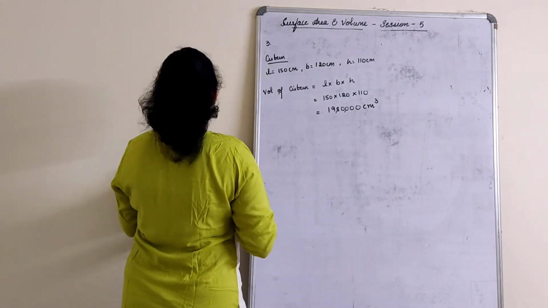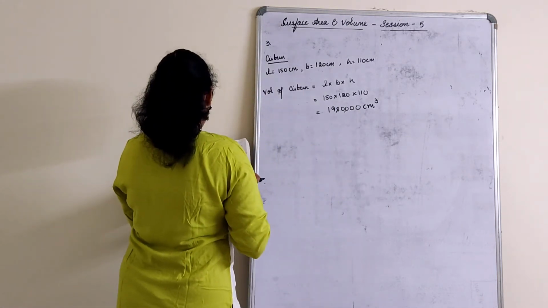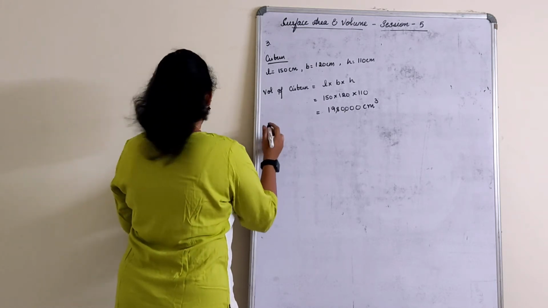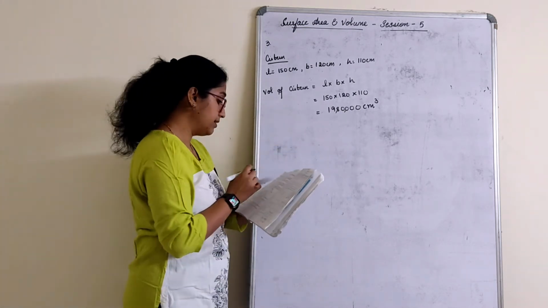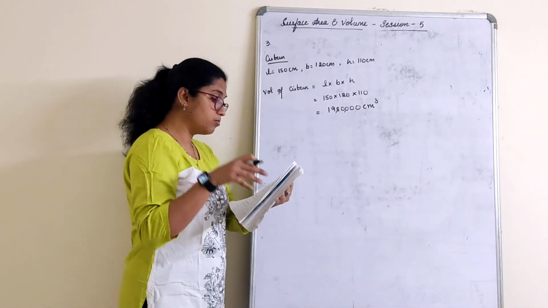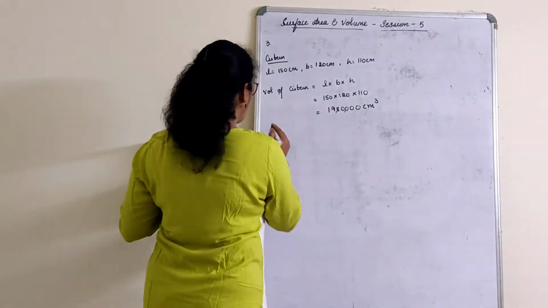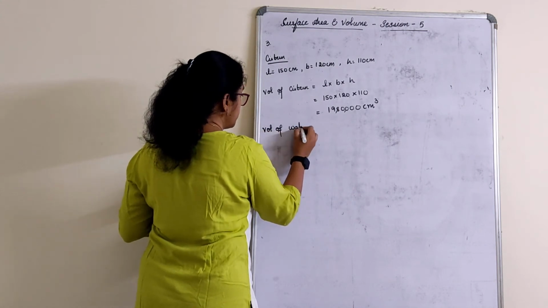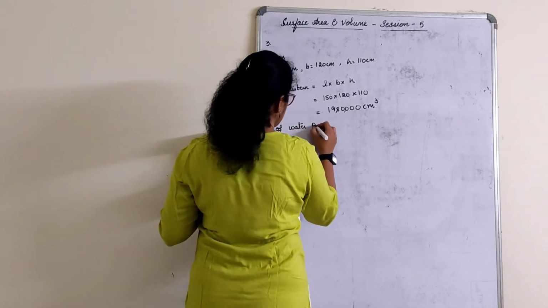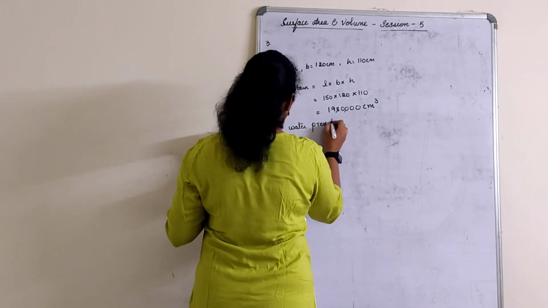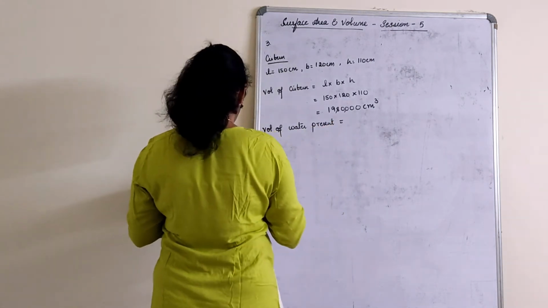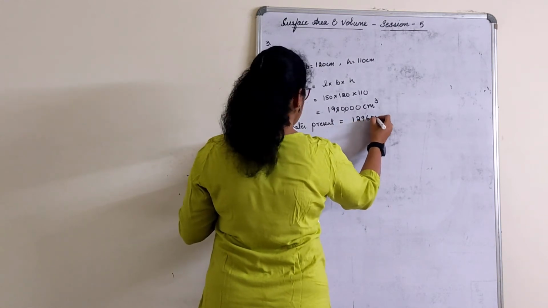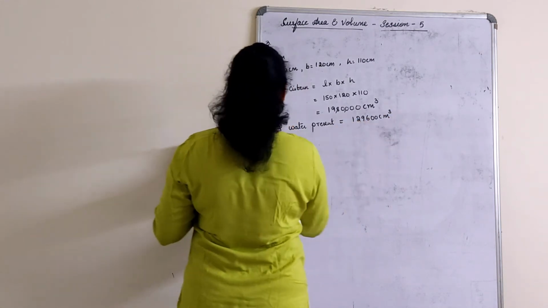Okay, next. What have they given? Volume to be filled in the cistern. They have already told that the cistern has so much amount of water. Volume of water present is equal to 129,600 centimeter cube.